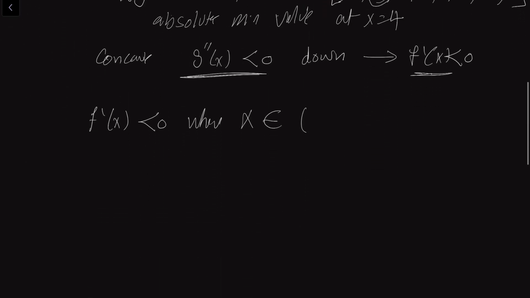So all this highlighted area, let's write this down. So when x is in (-2, -1) union (-1, 1/2) union (1/2, 1) union (5/2, 4).